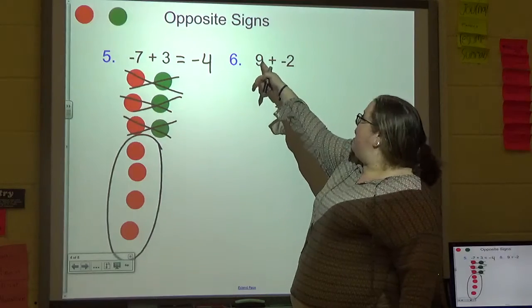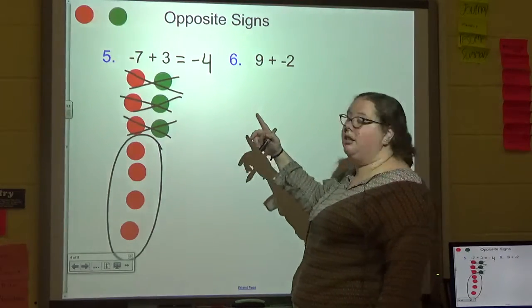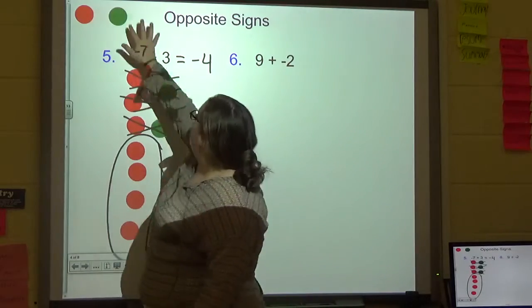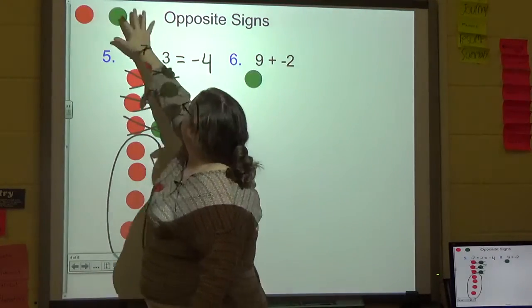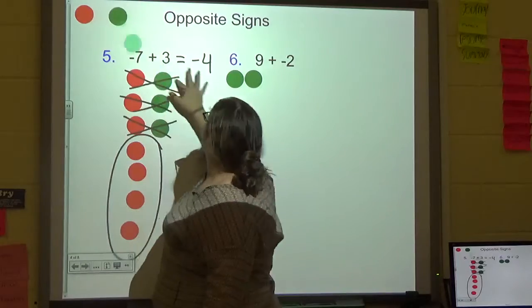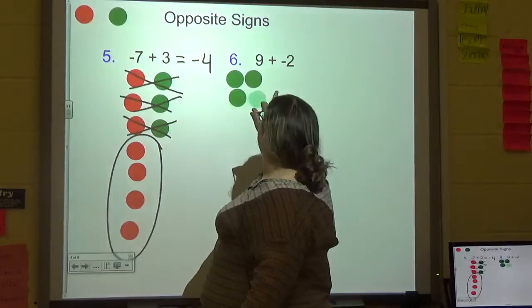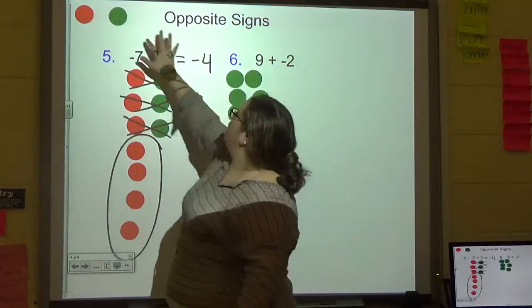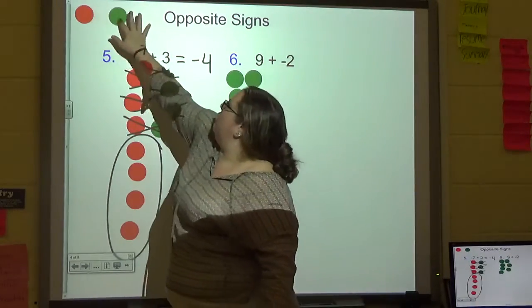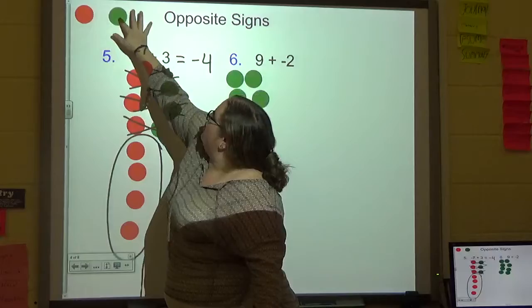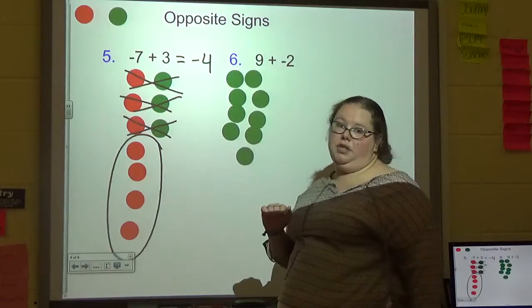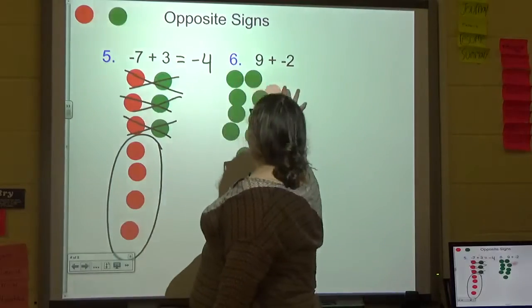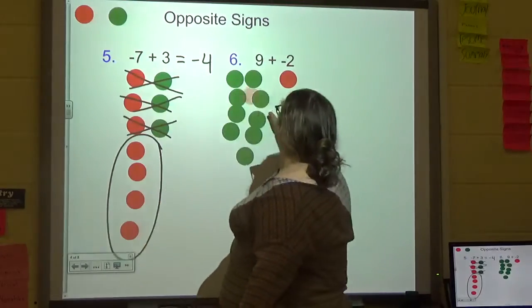Similarly, I have 9 greens and 2 reds. So we've got 9 greens, 1, 2, 3, 4, 5, 6, 7, 8, 9 positives, and we have 2 negatives, 1, 2.